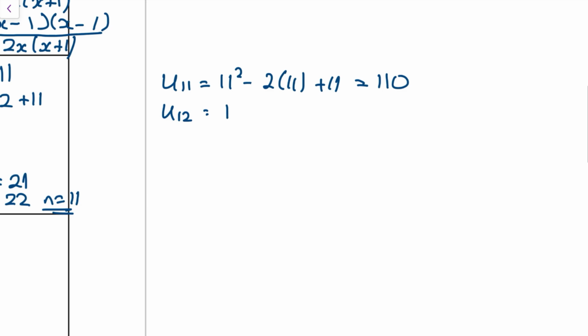And then u12 is going to be 144 minus 24 plus 11, which is, I'm hoping without doing any maths, 131, but quick check. And it is indeed 131. My difference is 21. And that's it. Done them both. So to be clear, the answer to my question is 110 and 131.